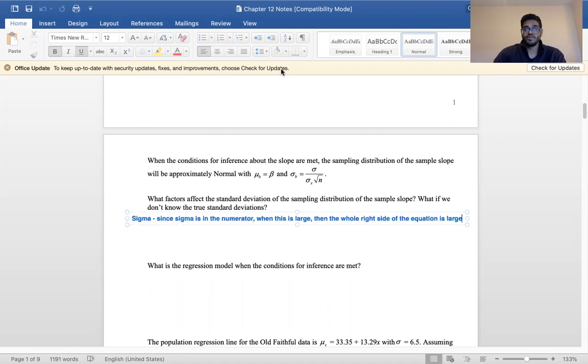If I have a big thing in the numerator up here, this whole fraction is going to become really, really big. And so what that means is you have larger variability.